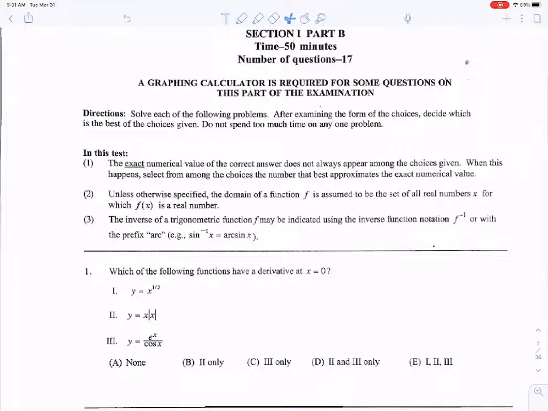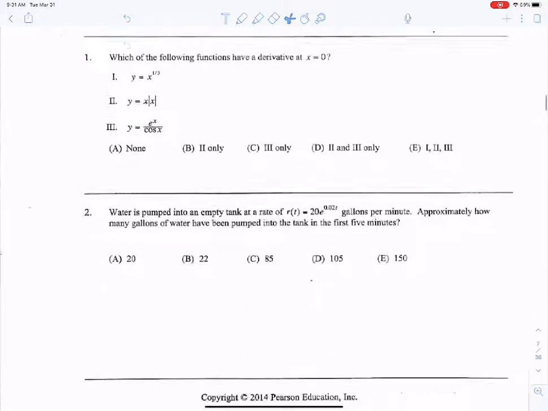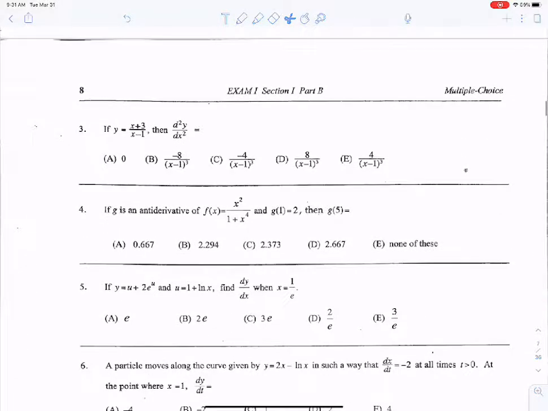Okay, so we have a few questions coming in. I'm going to start with number 4. So let's do that. Starting with number 4, let me grab this.